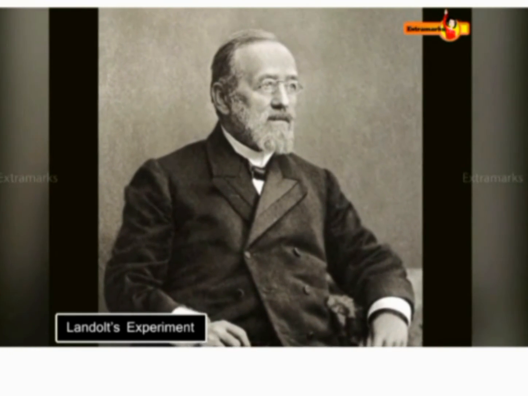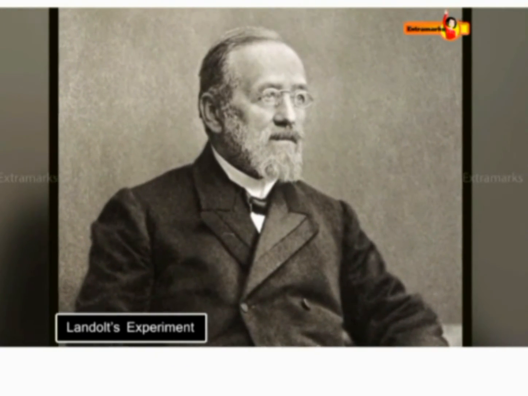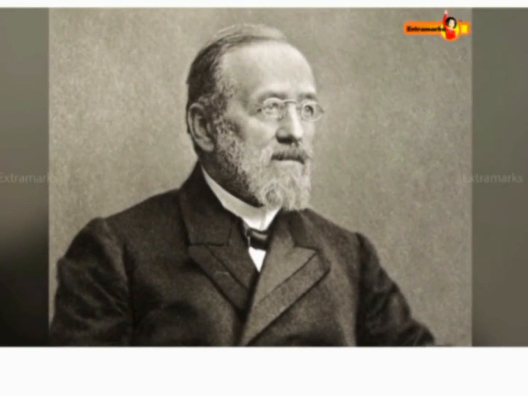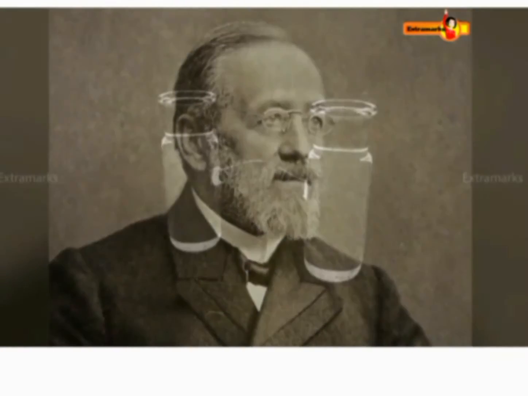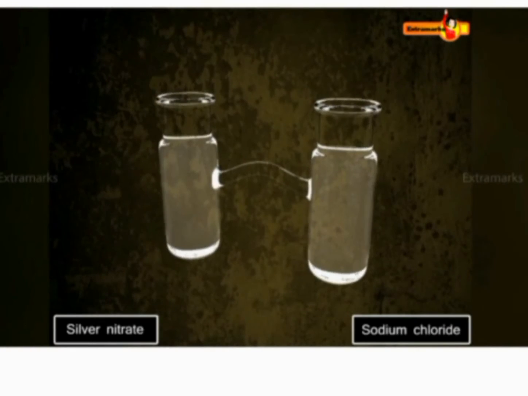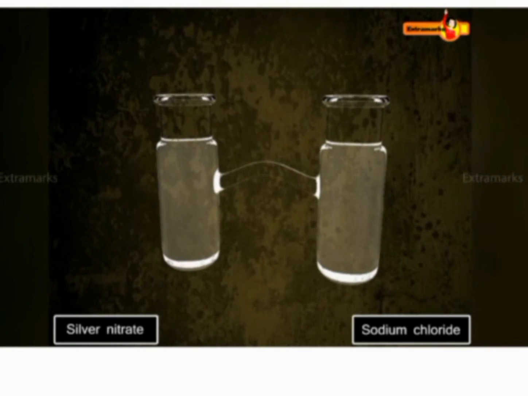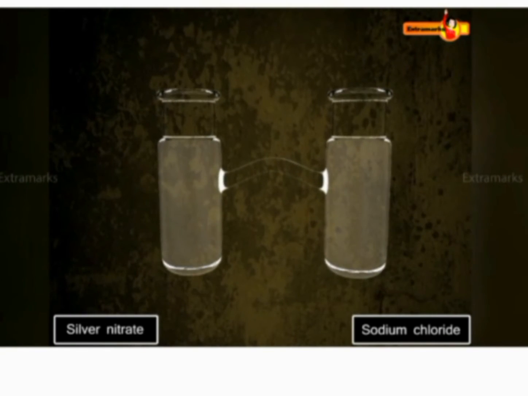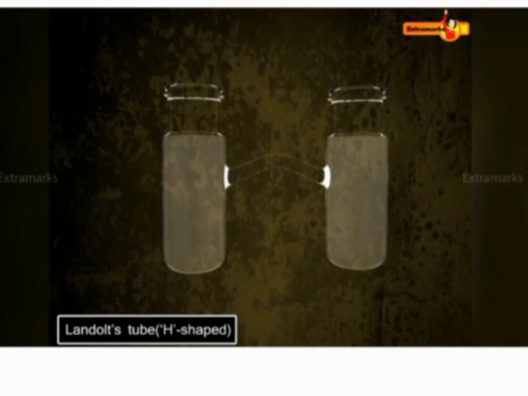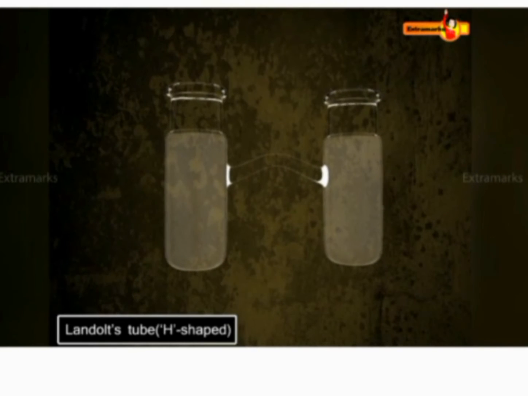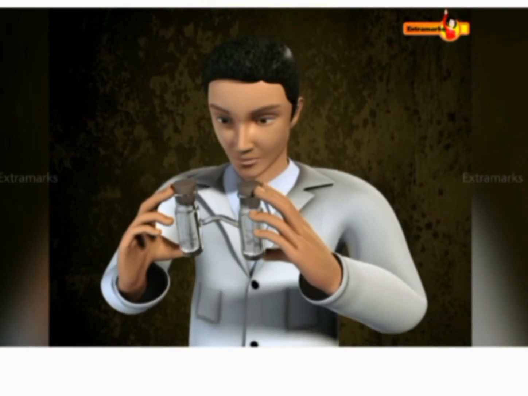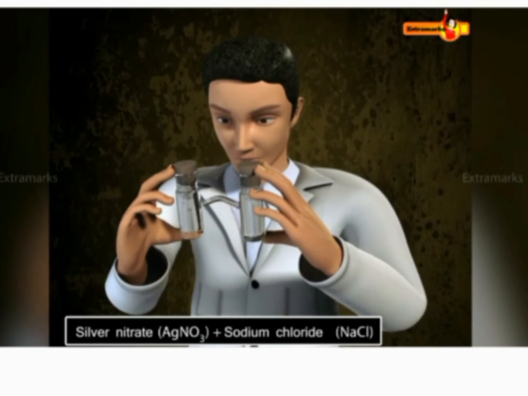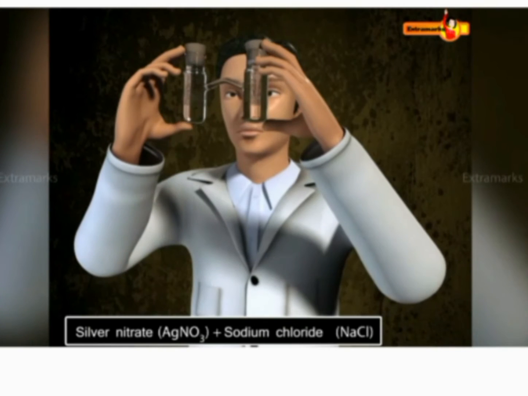The law can be verified with the help of Landolt's experiment. Landolt took the solutions of sodium chloride and silver nitrate separately in two limbs of an H-shaped tube known as Landolt's tube. The two solutions were mixed by shaking the tube.